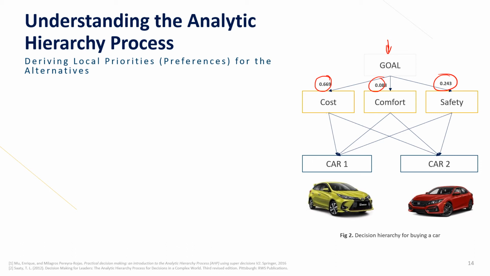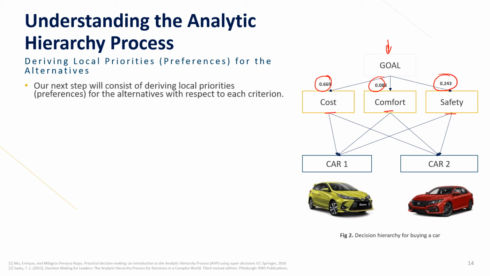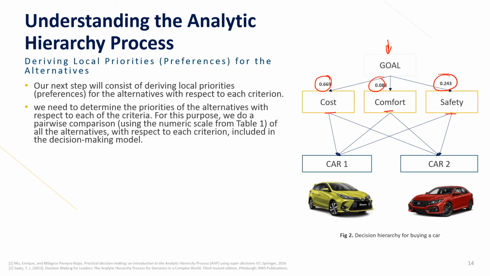It means that for each of cost, comfort, and safety, which one is preferable among these two cars. The next step consists of deriving local priority for alternatives with respect to each criterion. So we need to determine the priority of the alternatives with respect to each criterion.